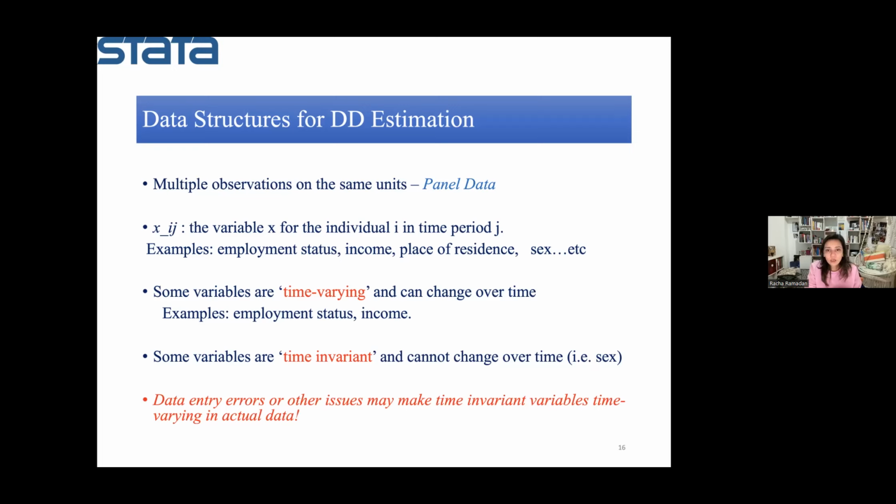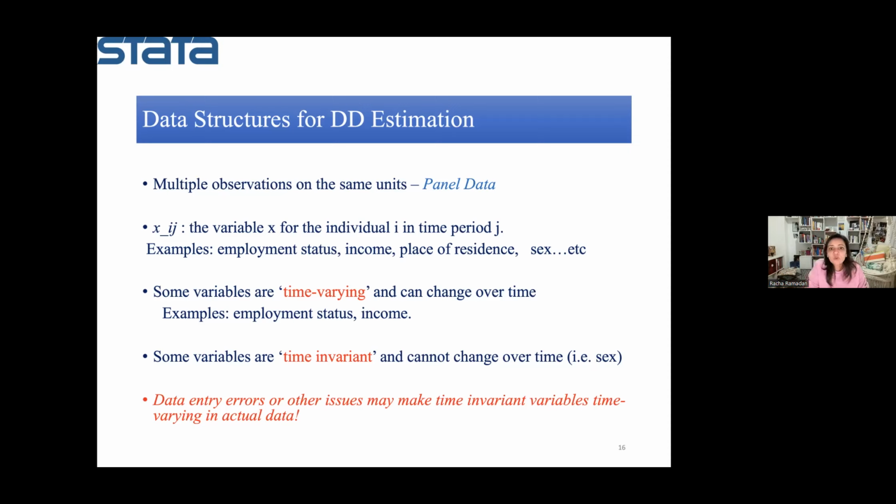And of course, when you are working with your data, you have to be sure that there is no error. For instance, if someone had, I don't know, in 2012 20 years old and in 2018 18 years old, this means that something is wrong.